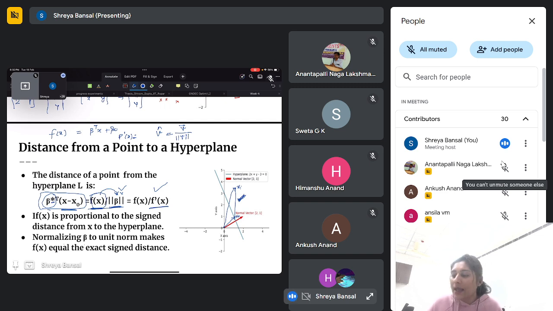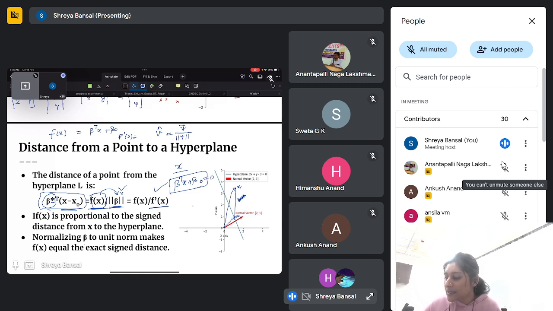So basically for any point x in this whole graph, f x is beta transpose x plus beta naught, which will give you the proportional distance from the hyperplane, whatever the equation of the hyperplane is. If the point is on the hyperplane, then obviously it will be equal to 0. So the distance will be equal to 0.